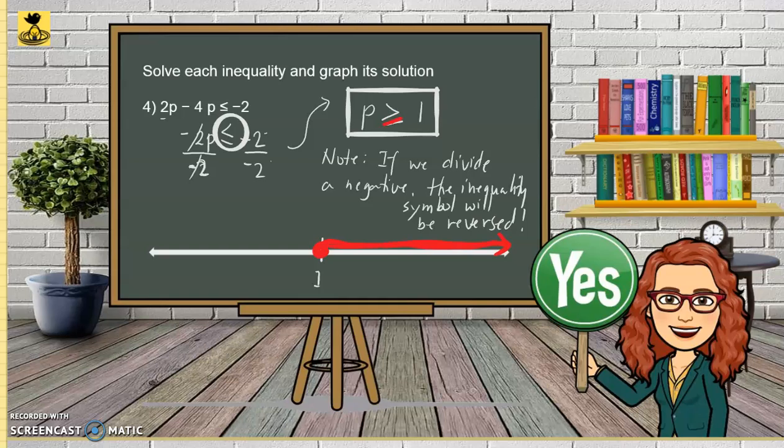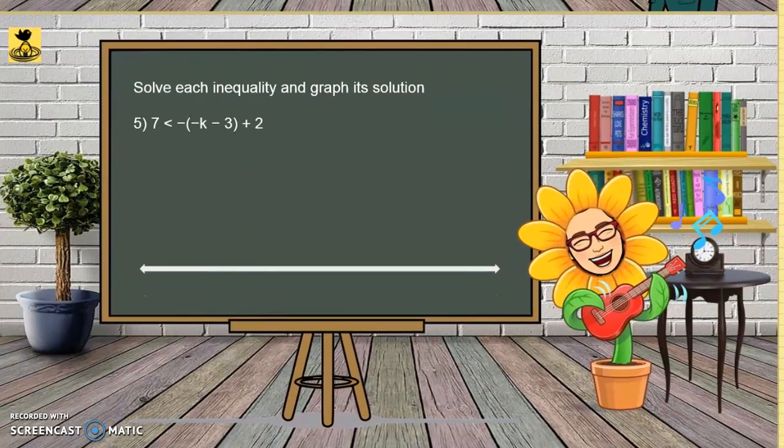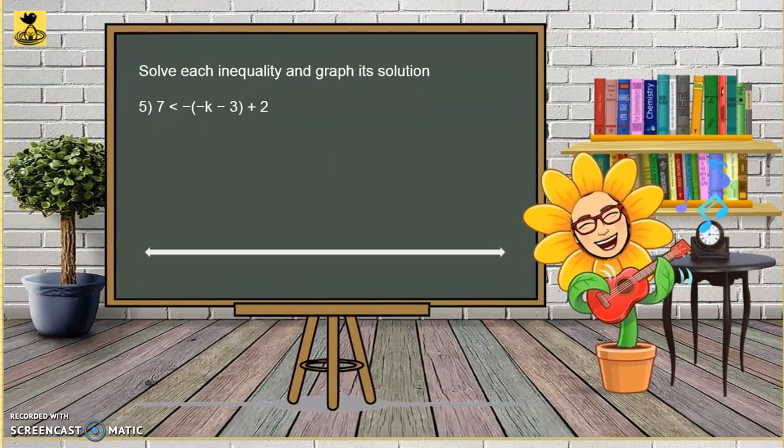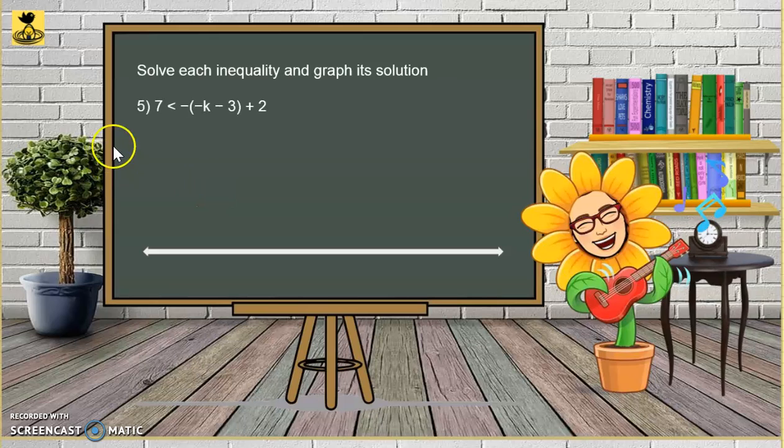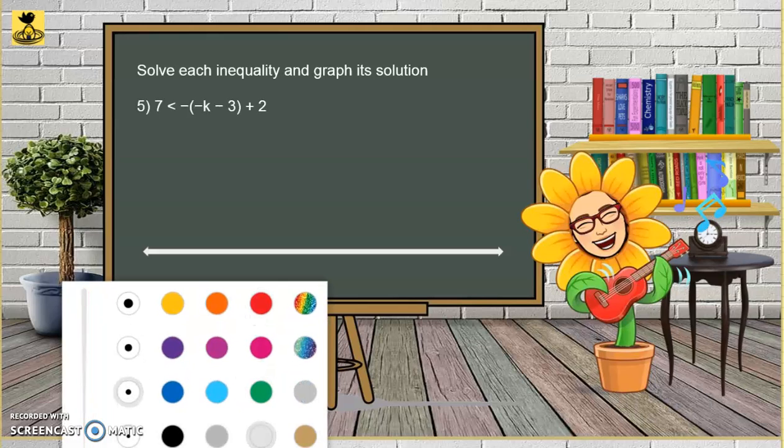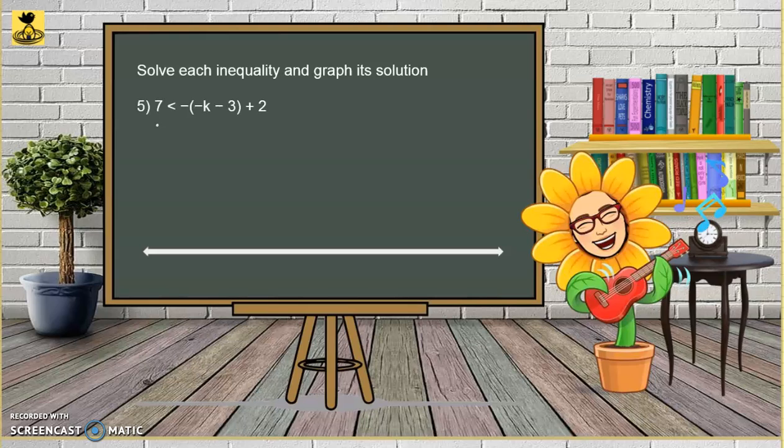Okay, so let's have the last example. Number 5, 7 is less than the negative quantity negative k minus 3 quantity plus 2. Okay, so don't be worried about this. This is so simple. So again, we will do it step by step, slowly but surely.